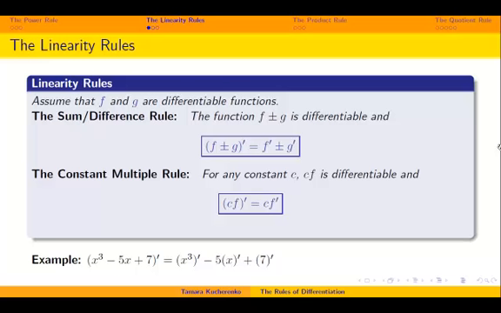Then we use power rule for x cubed to get 3x squared. The derivative of x is 1. Derivative of the constant 7 is 0. We obtain 3x squared minus 5.